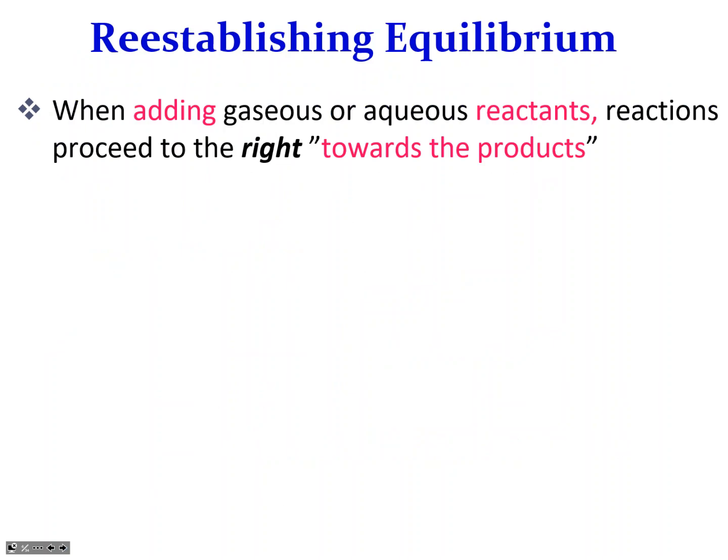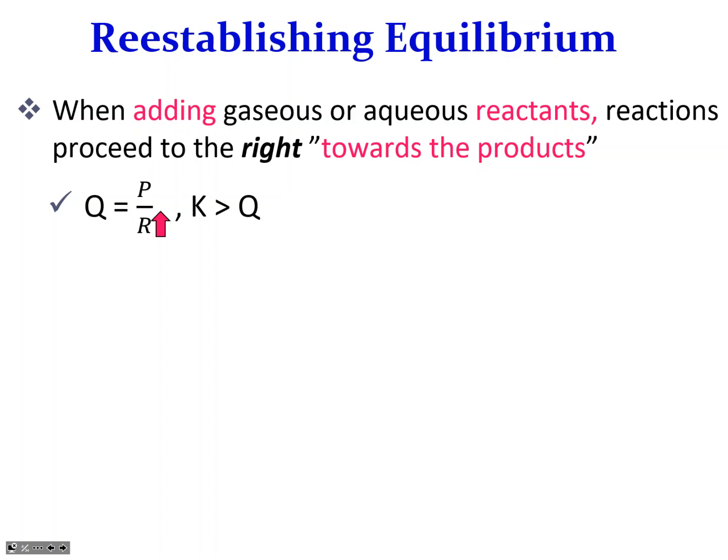So when we're talking about concentration, adding in gaseous or aqueous reactants will proceed right towards the products. They told us to stay away from the word shifting a long time ago, about 4 or 5 years ago. However, I don't think there's anything wrong with it. It's in the definition for Le Chatelier's principle. You could say it shifts right towards the products. But when you're explaining when you add stuff or remove stuff, you do need to do the Q/K relationship.